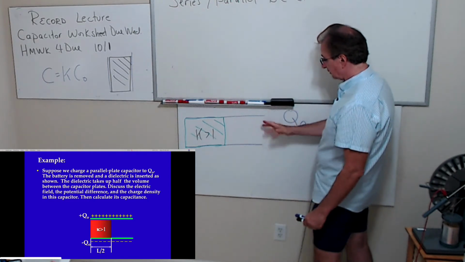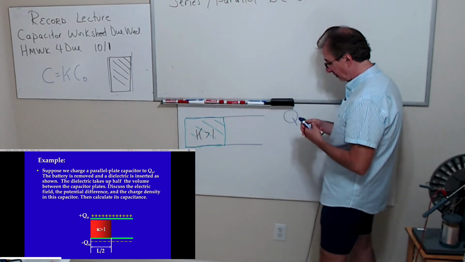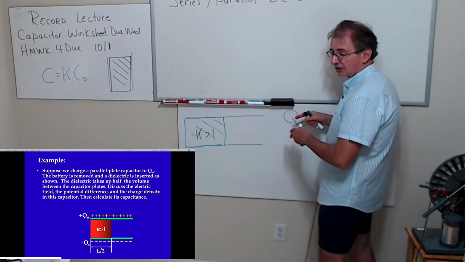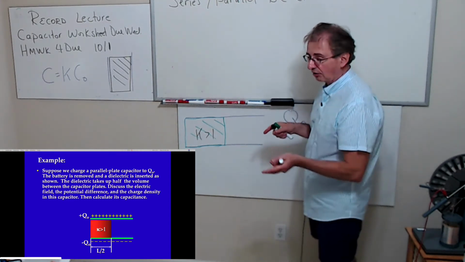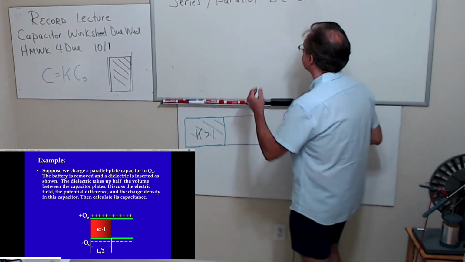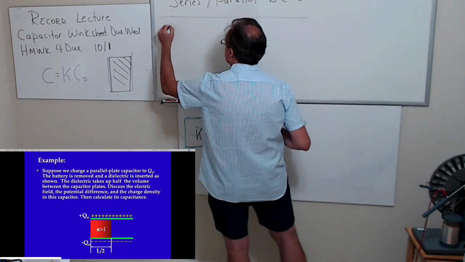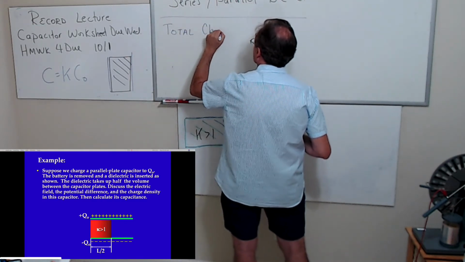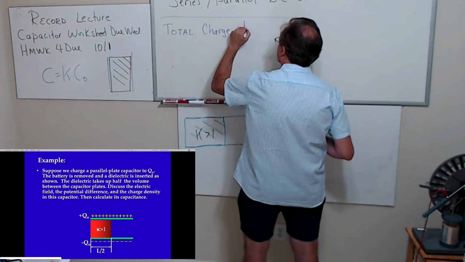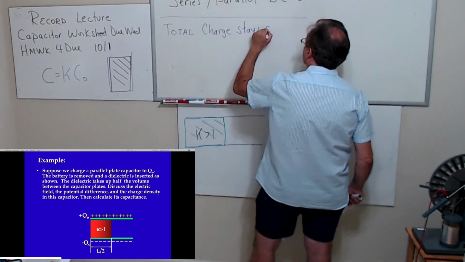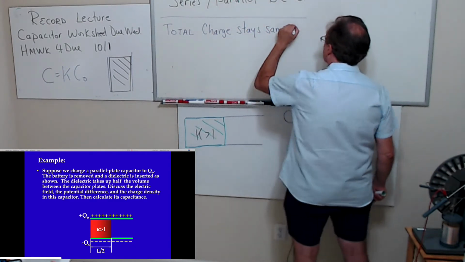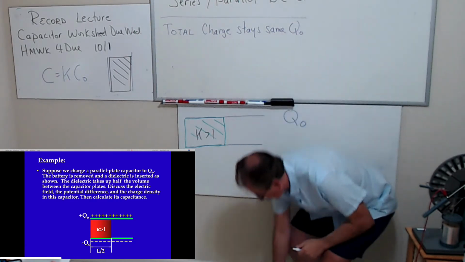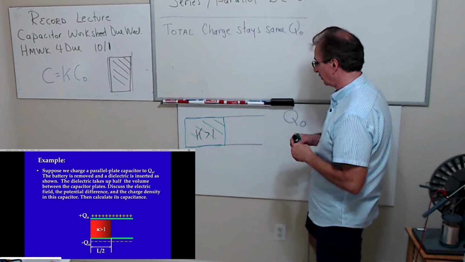Since this thing was disconnected from the battery, the initial charge that was on the plates can't go anywhere, so the total charge stays the same. But what happens when I insert the dielectric in between the plates?